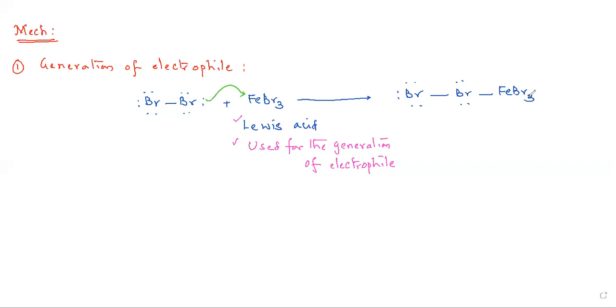Now looking at this, bromine has got just 6 electrons around it as against 7 what it has to have. So let me put a positive charge on this. Iron earlier had only 3 bonds, nothing but 6 electrons, but now it has 7 electrons. 1 electron more than what it has to have.